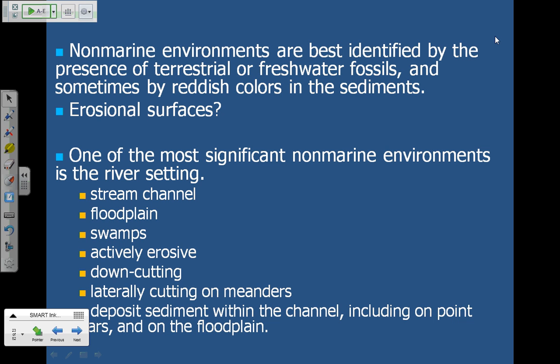Okay, one of the most significant non-marine environments, the river. When we think about looking at the history of the planet, the fossils are very, very important. Now, you can get fossilization on dry land, but it's not that common because we have to bury an organism with sediment relatively quickly.